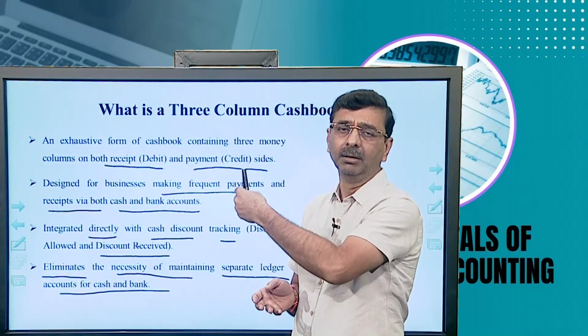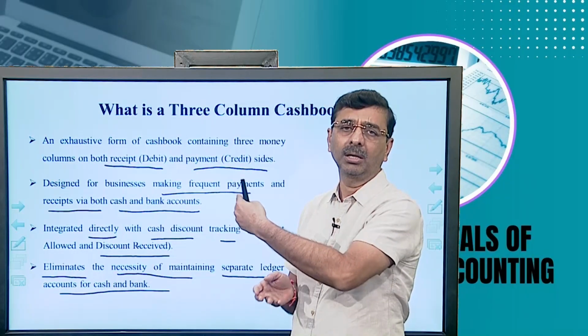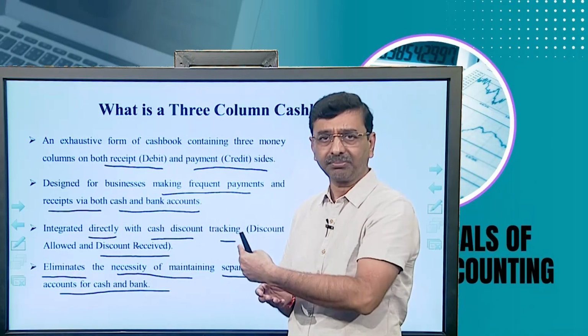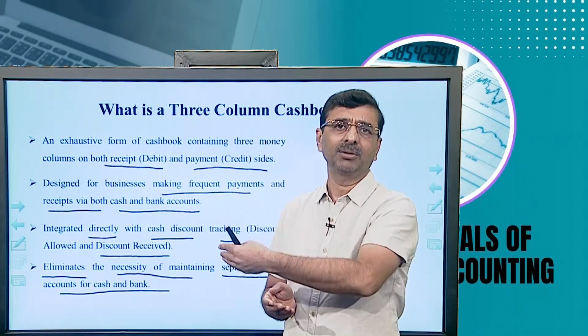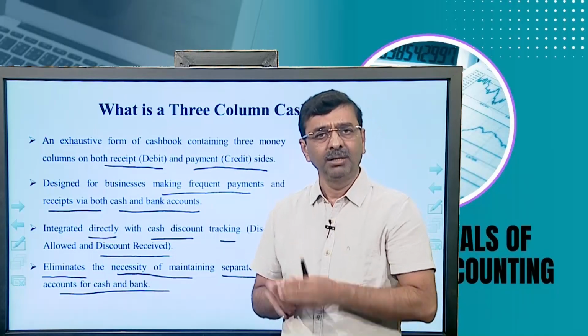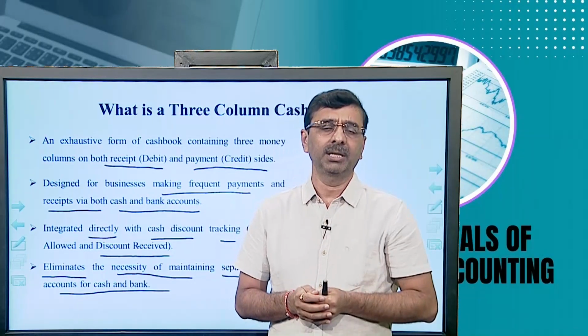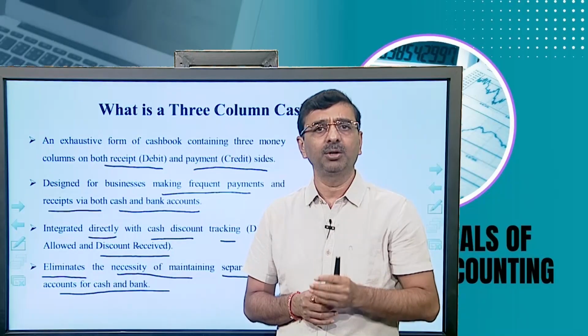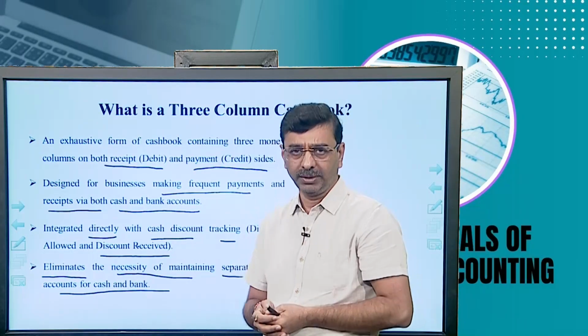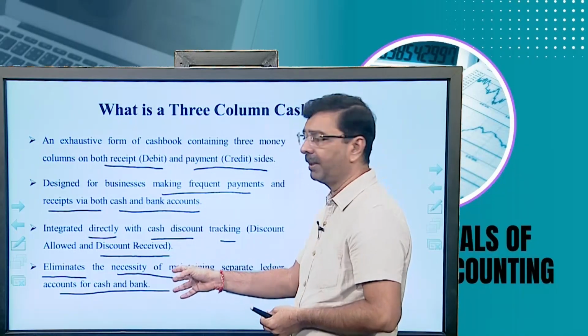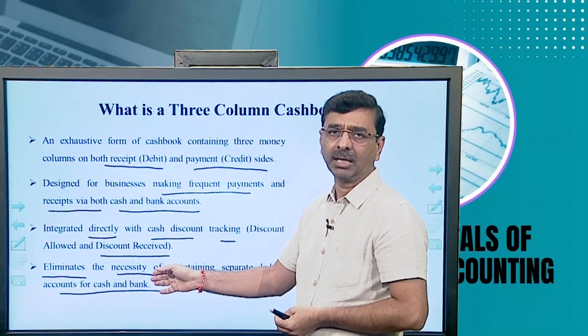Here we are not preparing ledger accounts simultaneously, but we understand how much discount received and discount allowed there were, which is to be transferred to the ledger accounts. At the end of the specific period, you will understand the total discount received and discount allowed, so you need to prepare only the discount accounts in the ledger book.